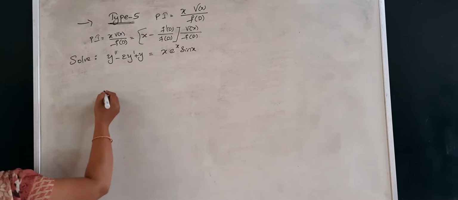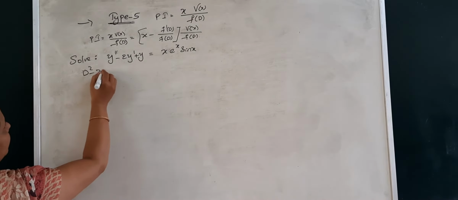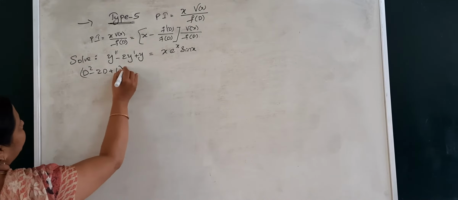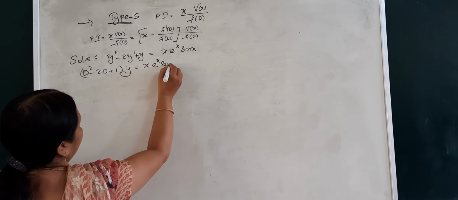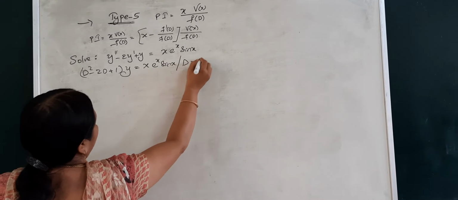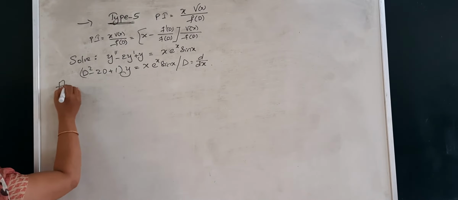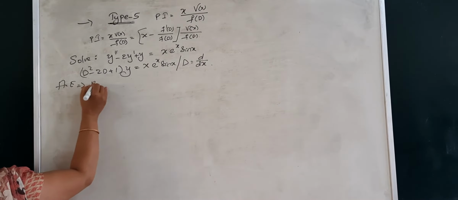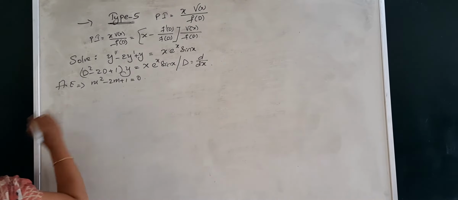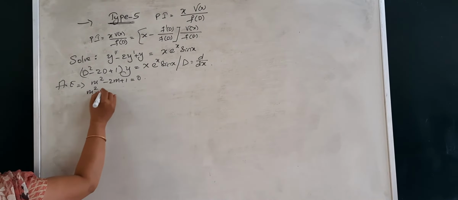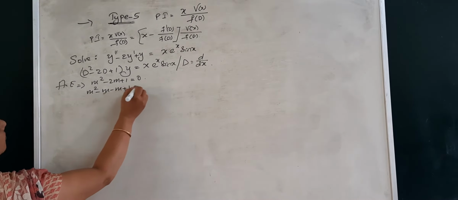Okay, the first part is as usual. Putting it in the operator form, we get (D square minus 2D plus 1) into y is equal to x e power x sin x. Mention what is D, that is d/dx. Auxiliary equation, guys. This is the same, right? So we get m square minus 2m plus 1, minus m can be split.